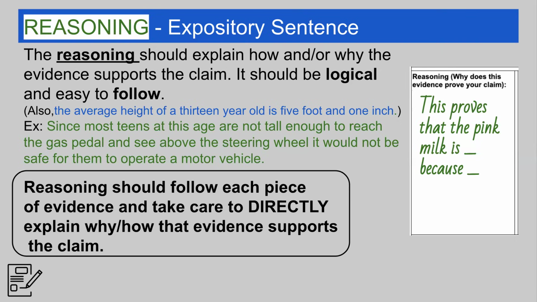Does it tell me why my evidence supports the claim? So for example, this proves that the pink milk is blank milk because, and you're going to tell me why. Why does the pink milk being positive or negative before lactase or positive or negative after lactase support your theory that it is this milk?